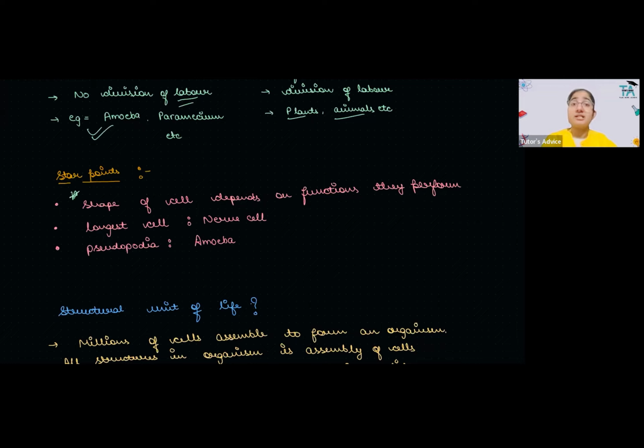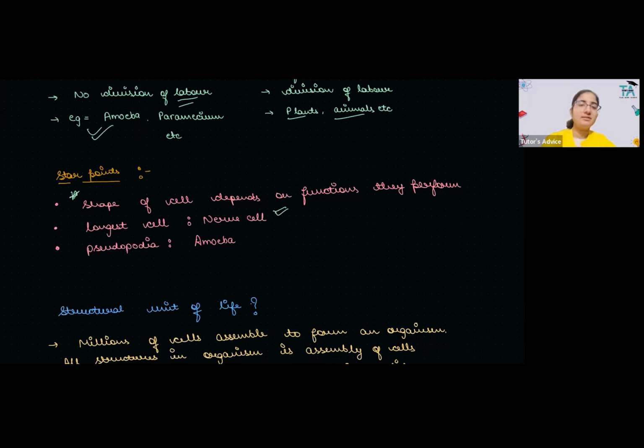So if they have to transmit the nerve impulses, they have to be long enough, right? So we have the longest cell, which is a nerve cell. So they have a proper shape, they have a proper size because they have a proper function to perform. So we can say the function goes hand in hand with the structure, or vice versa. Structure goes hand in hand with the function.